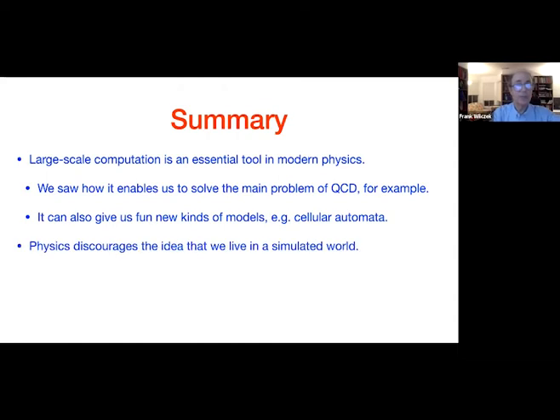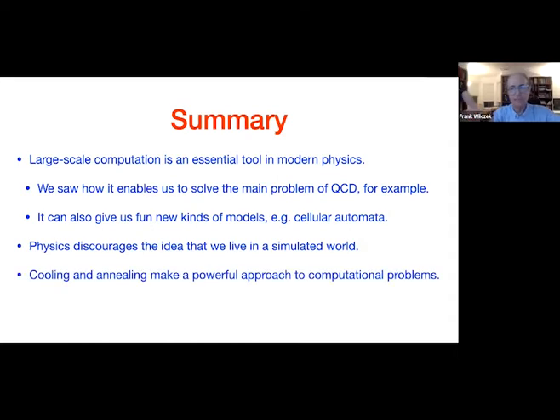However, physics discourages the idea that we live in a simulated world. The way the actual physical laws work doesn't look at all like a cellular automata or any simple computer program, or any efficient computer program, I should say, for doing the things that the physical world does, or that we would like to do in order to make the physical world interesting.